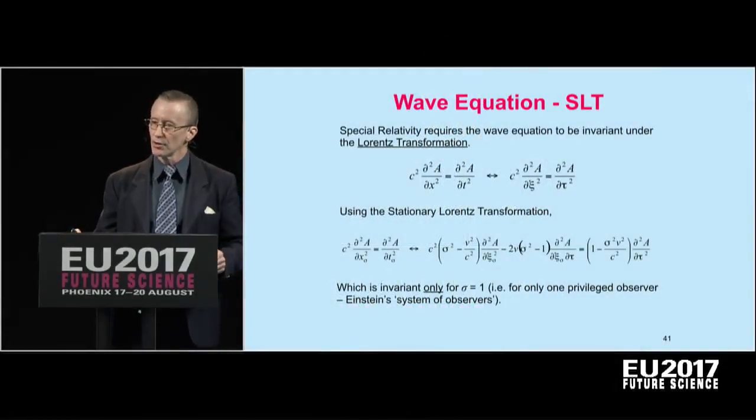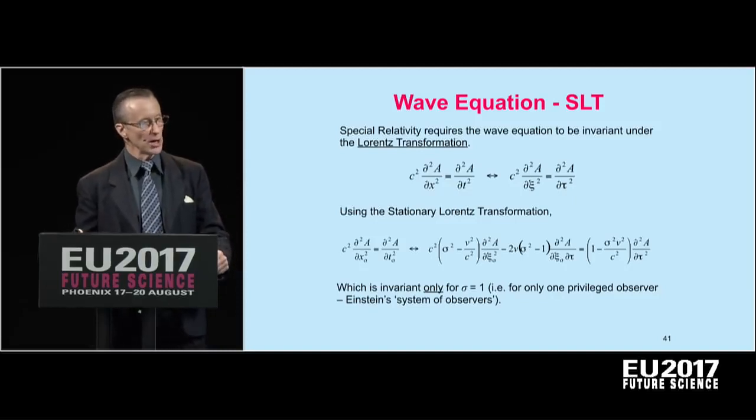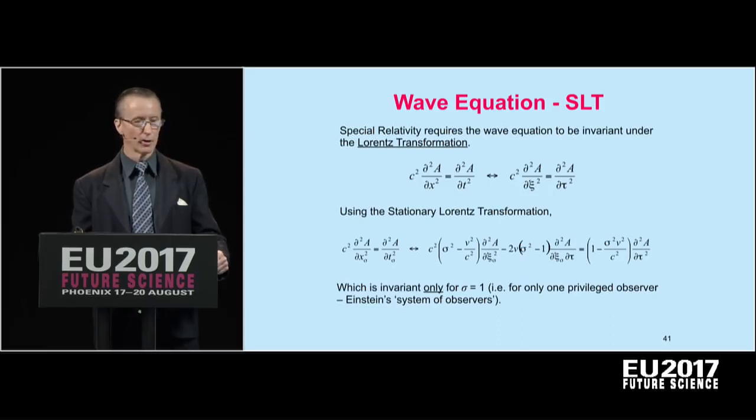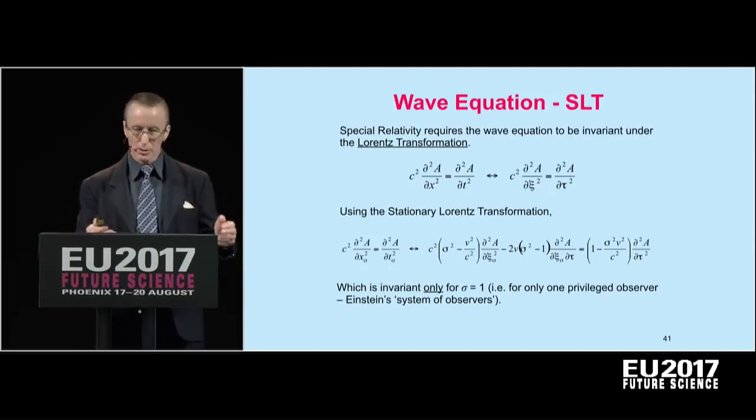Otherwise, it is not. So the idea that the Lorentz transformation makes the standard wave equation invariant under its transformation is patently false. Voigt was wrong, and hence Poincaré was wrong, Lorentz was wrong, and Einstein was wrong. But this is central to special relativity. Without it, special relativity is a dead duck.